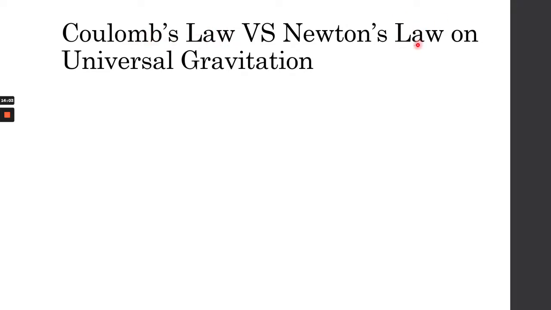While Newton's law of universal gravitation is what we use to measure the force of gravity between two massive objects. So you can think of it as the sun and the earth. The sun and the earth are two massive objects. But because of their mass, because they're so big and so heavy, they tend to have what we call a sort of pull.